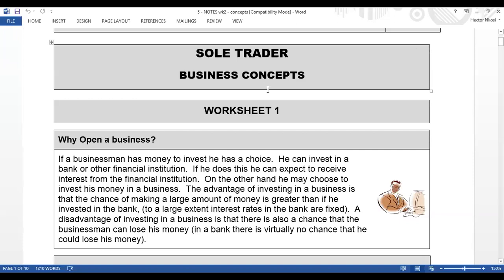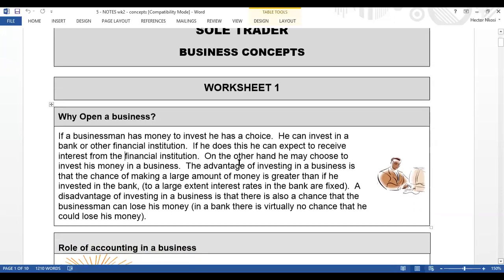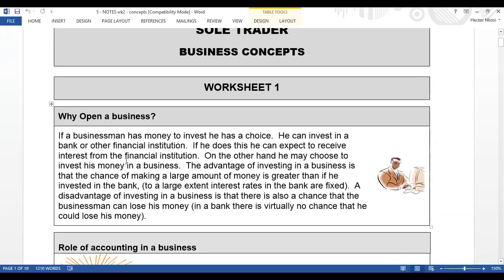So now it says, why open a business? Why do people open a business? Why do people start up a business, basically, right? So if a businessman has money to invest, he has a choice. He can invest it in a bank or other financial institution, right?